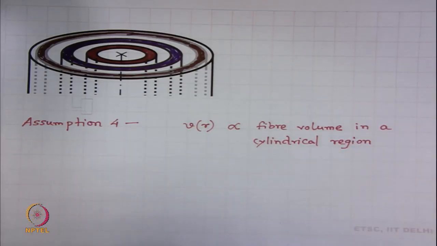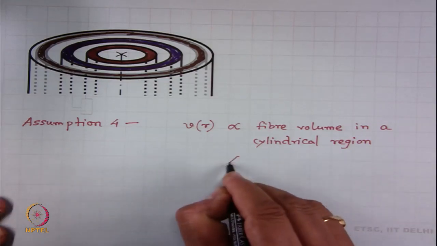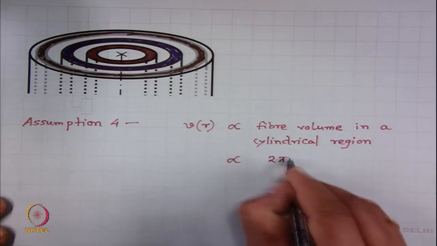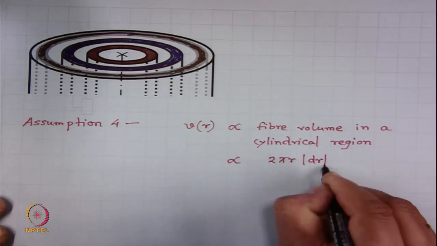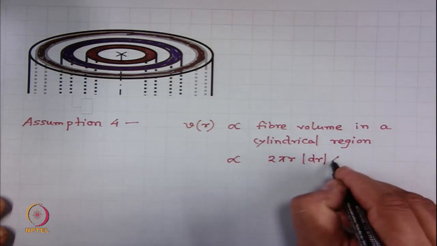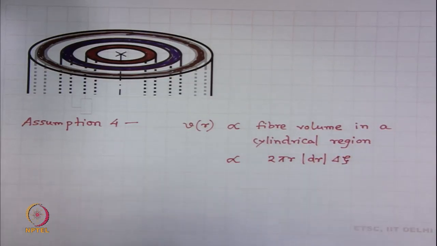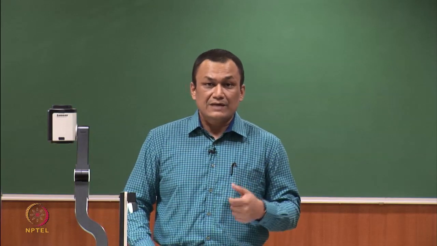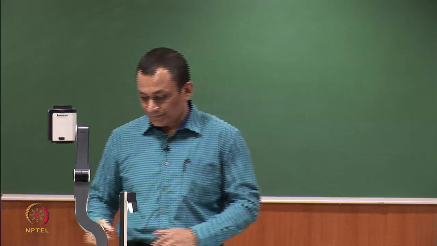So, what is the fiber volume? What is the volume of the cylinder? 2 pi r dr delta zeta. This is the volume of the cylinder, and what is the fiber volume? It is multiplied by packing density, because as you know, packing density is defined as the ratio of fiber volume to yarn volume. When the yarn volume is 2 pi r dr times delta zeta, multiplied by packing density it will give you the fiber volume.